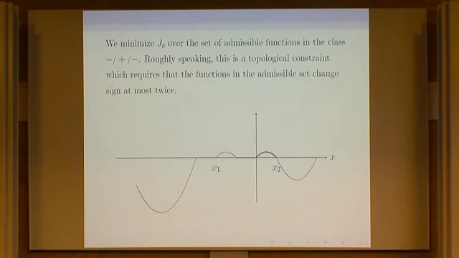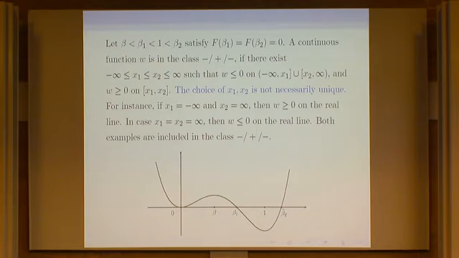Well, we introduce some topological constraint. We say we want to find an admissible function in the class minus, plus, minus. This is the typical one: minus here, plus here, minus here. However, you could have 0 on some interval where the function is identical to 0.